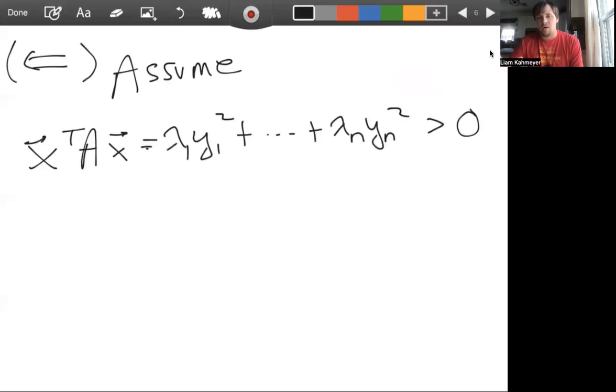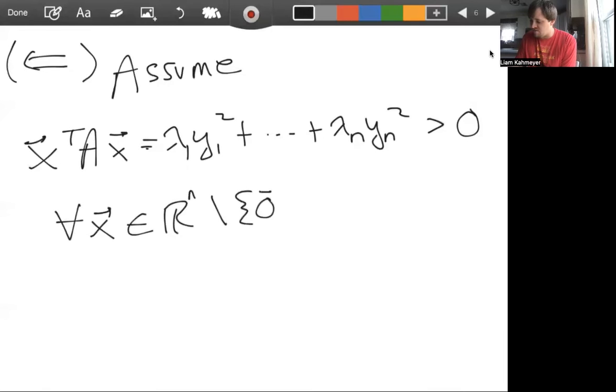Well, how do we show now that A is positive definite? It suffices to show that every eigenvalue is strictly positive. We have that this is true for all x in R^n without the 0 vector.